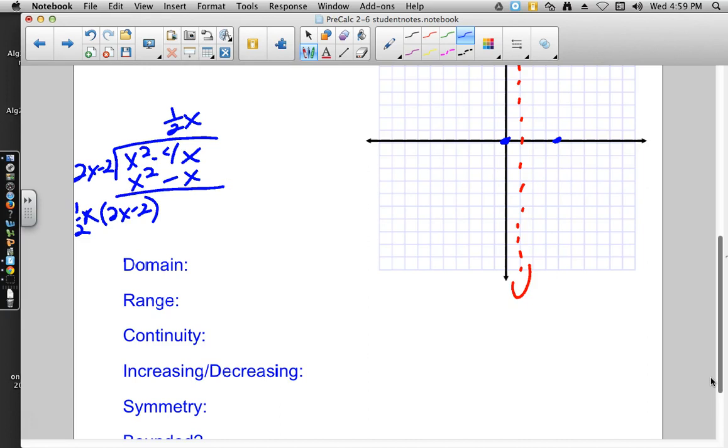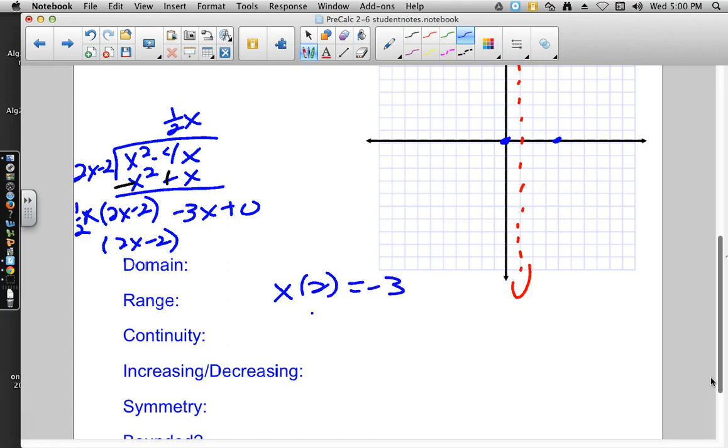And then we would go ahead and change the signs and add. So x squared minus x squared is gone, and negative 4x plus x is negative 3x. And I don't have anything else to bring down, so I'm just going to put a 0 there. So now I have 2x minus 2, and I need it to be a negative 3x. So I want something times 2 to give me negative 3.